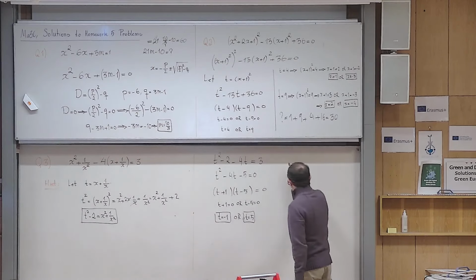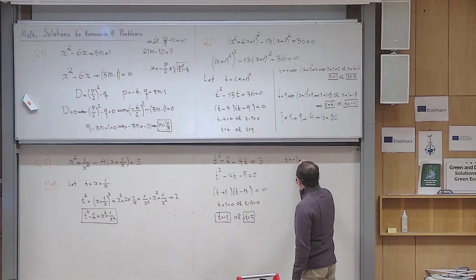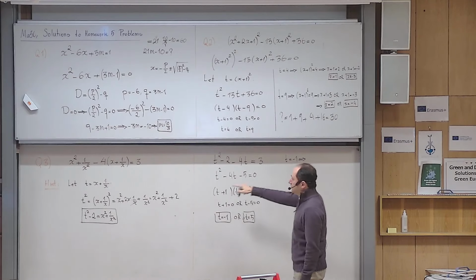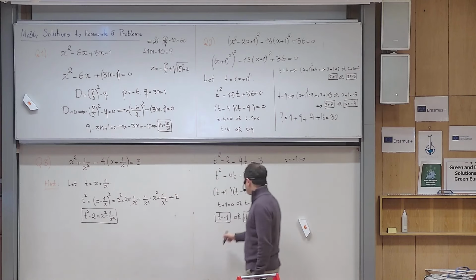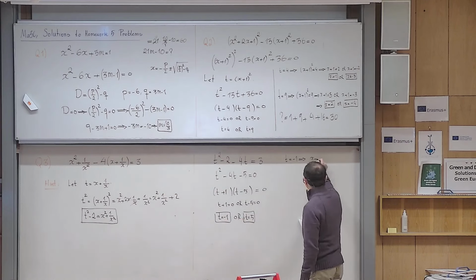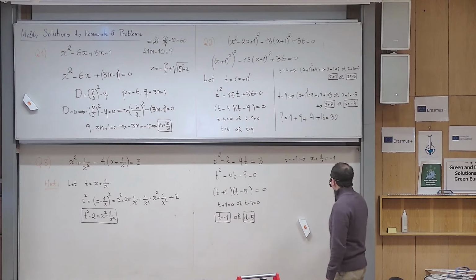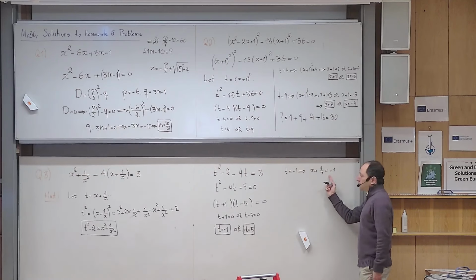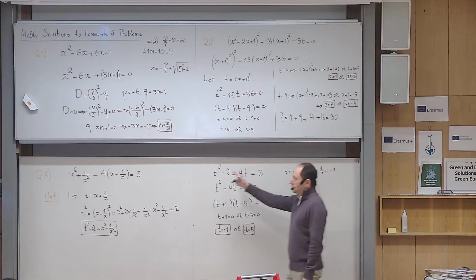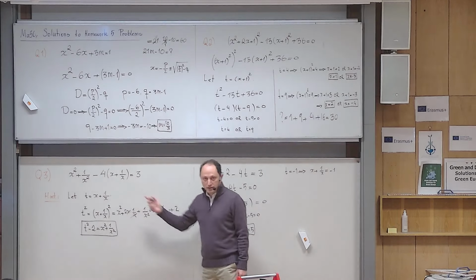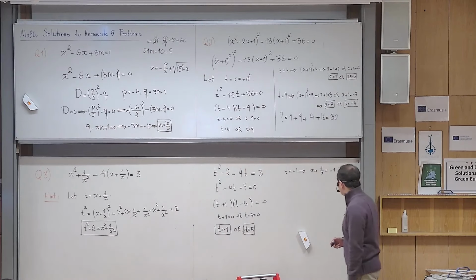If t is minus 1, what does it mean? t was the name I gave to x plus 1 over x. So if t is minus 1, it means x plus 1 over x is minus 1. Okay, so now I have to solve this one. Of course, solving this one, hopefully you agree with me, is simpler than solving the original problem. So that was the exact idea of having the auxiliary variable.